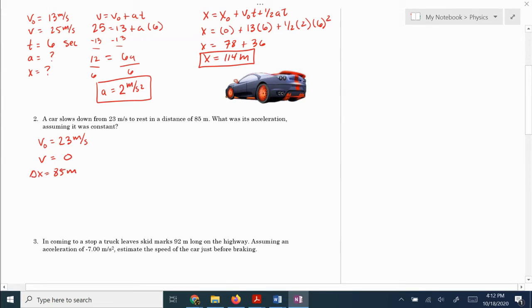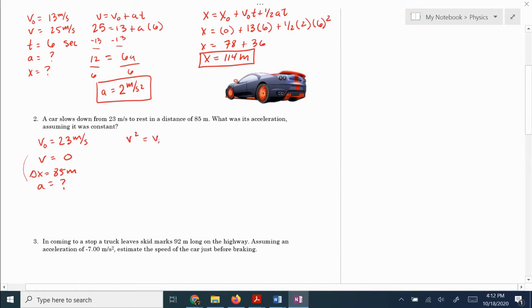What was its acceleration? So that's what we're given, and we want to know the acceleration. Let's note that we're not given time, we're not asked for time, so that's a pretty good key that you need the Ringo equation. Another key is that the only one that has both the final velocity and the acceleration and the distance in it is the Ringo equation.